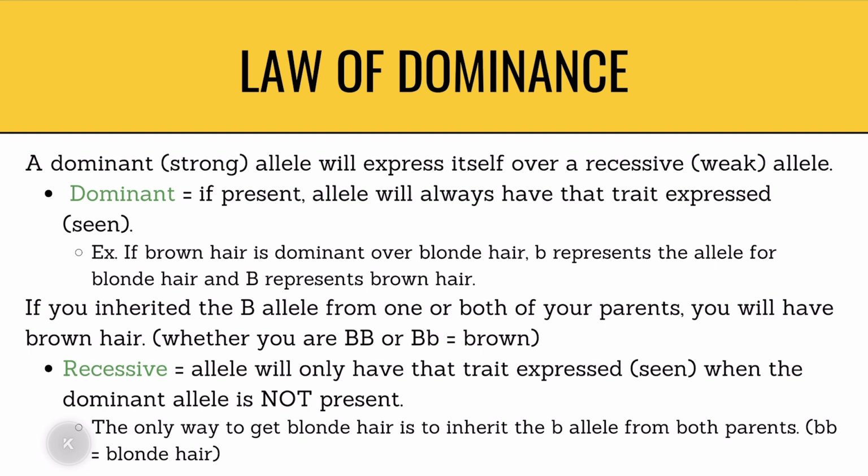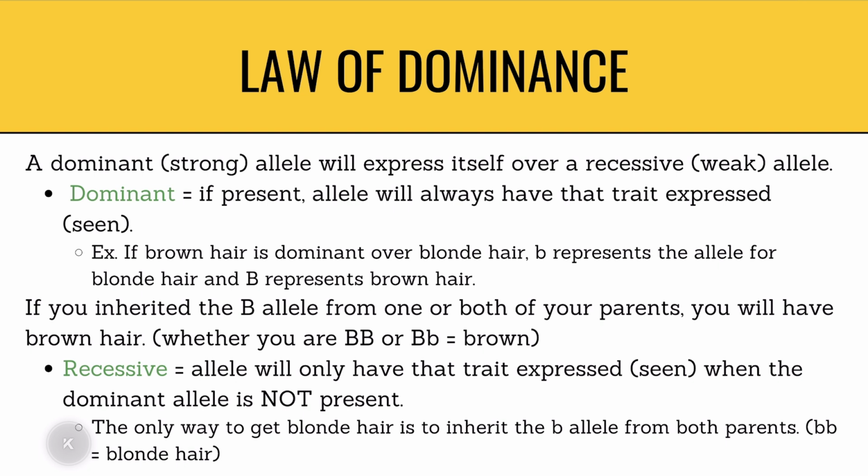So for example, if brown hair is dominant over blonde hair, the lowercase b represents the allele for blonde hair and uppercase B represents brown hair, because I know that uppercase letters are dominant alleles and lowercase letters are recessive alleles. So that means that if you inherited a dominant brown hair allele from either one parent or both of your parents, you're going to have brown hair.